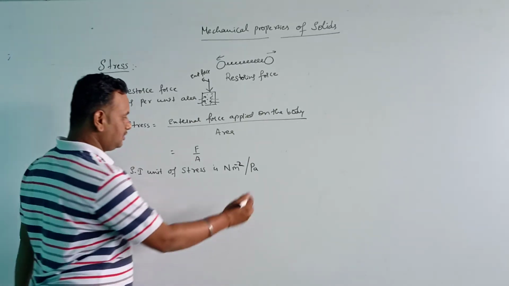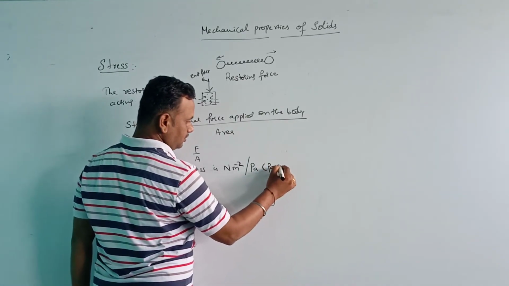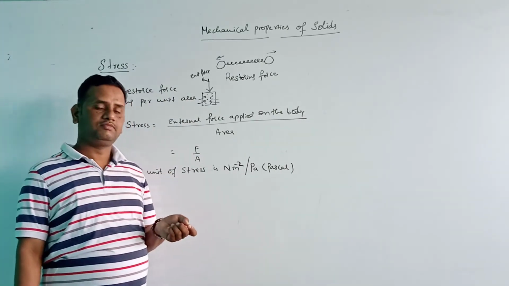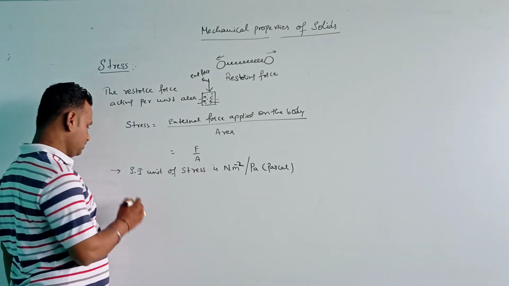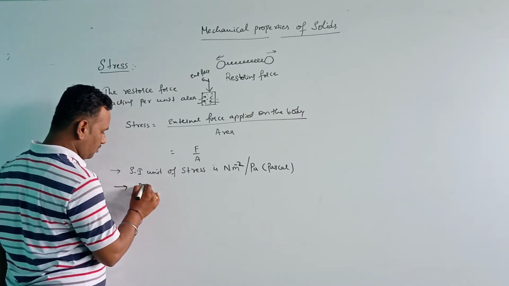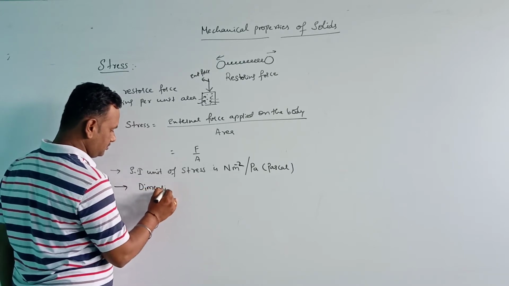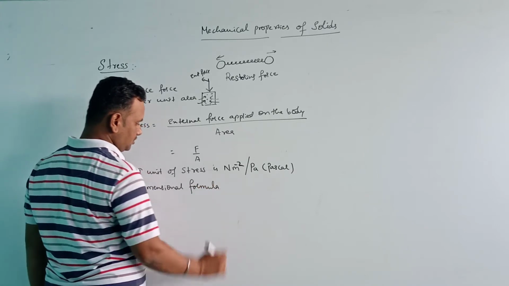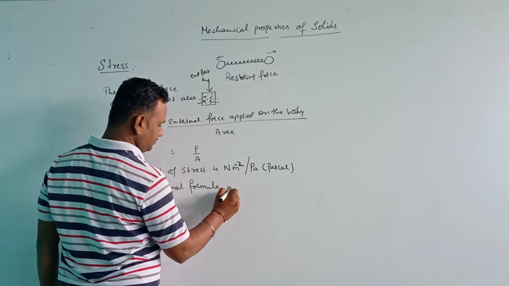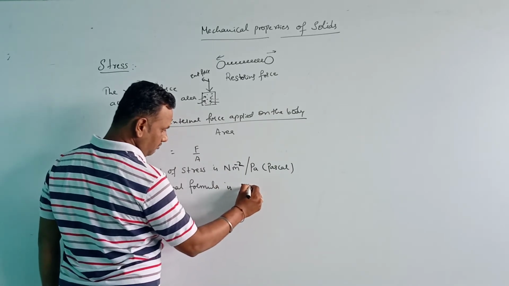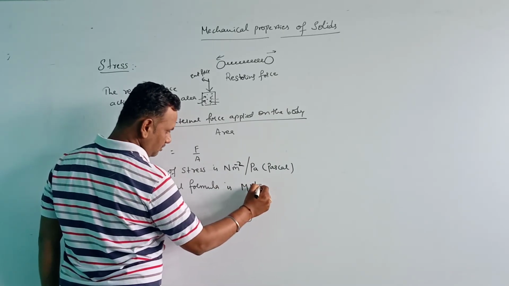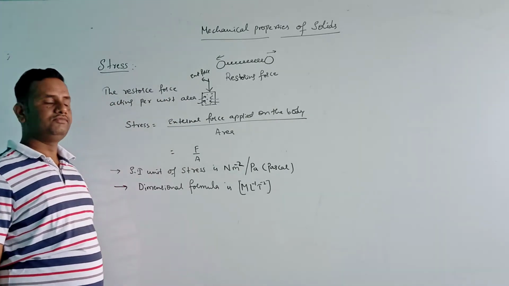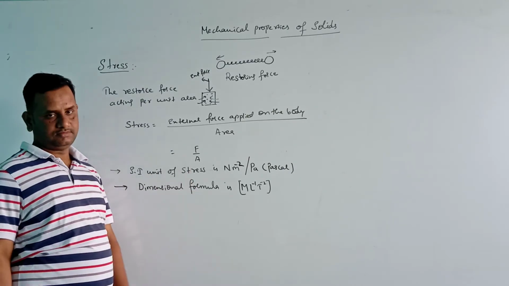Basically, Pascal is a unit which we use for pressure also, so the same thing we can use here. The SI unit of stress is Newton per meter square or Pascal. Stress and pressure both have the same SI unit. So the dimensional formula is 1 in mass, minus 1 in length, minus 2 in time, for stress.